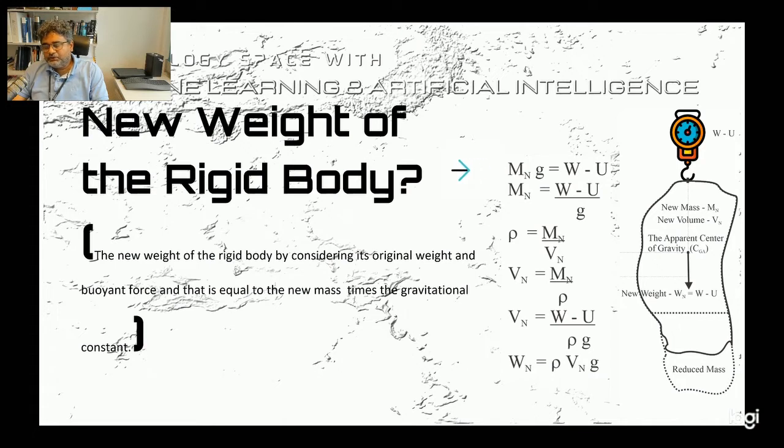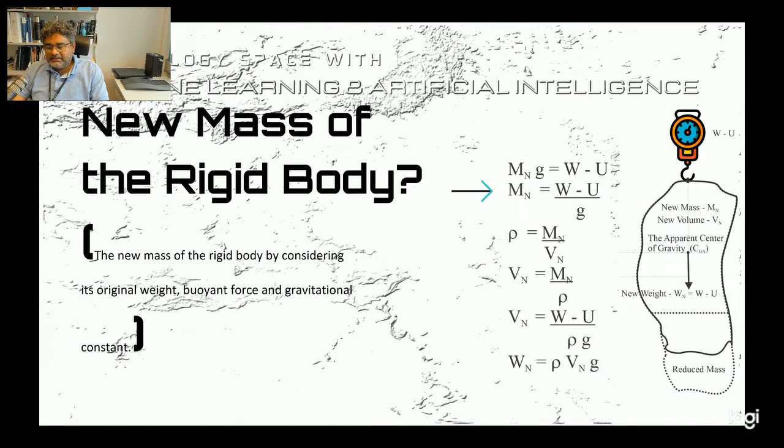That's also equal to the original weight of the rigid body minus the buoyant force, which is W minus U. So if we divide both sides of the previous equation by the gravitational constant, you end up with a new equation saying the new mass of this rigid body is equal to the weight of the rigid body minus the buoyant force, divided by the gravitational constant. You should remember the weight W is the original weight of that rigid body itself.